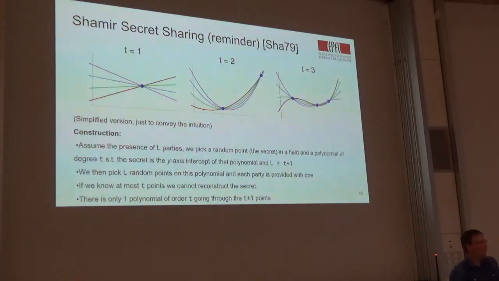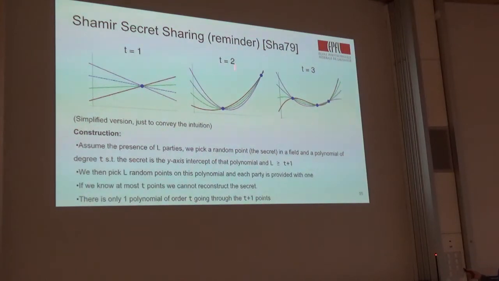Now what we can do is, instead of only having 2 points, we can make as many points on this line as we want, and we distribute this to all our servers. So as soon as t plus 1 servers, in that example 2 servers, come together, they can recreate the line, and they can get the secret. Any t plus 1 servers can recreate the secret, but I can distribute it over n servers.